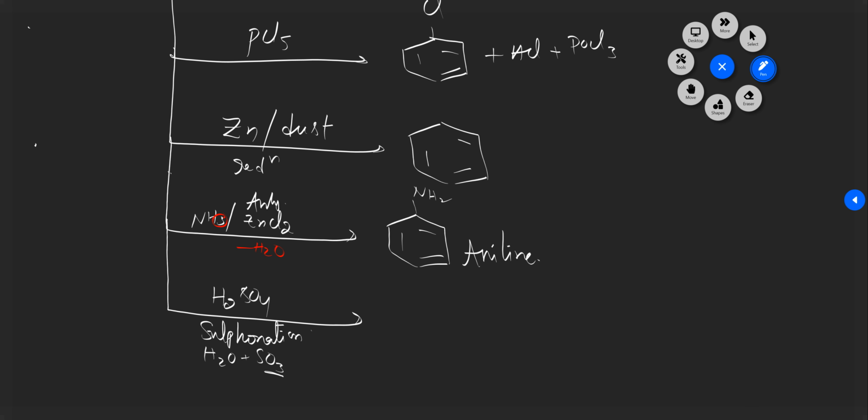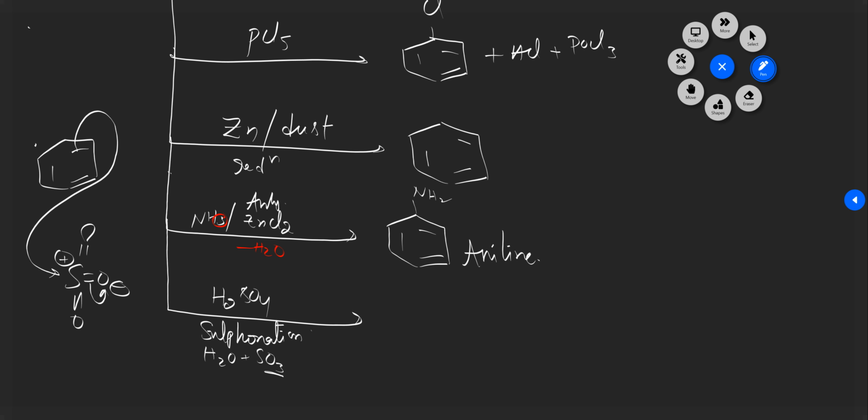Here the structure of SO3 is sulfur with double bond to O, double bond to O, double bond to O. Oxygen is going to be shifted to this side, so sulfur is going to get a positive charge, meaning this is the electrophile. The double bond of the benzene ring is going to attack on sulfur. This is going to be shifted to this side and form a negative charge.